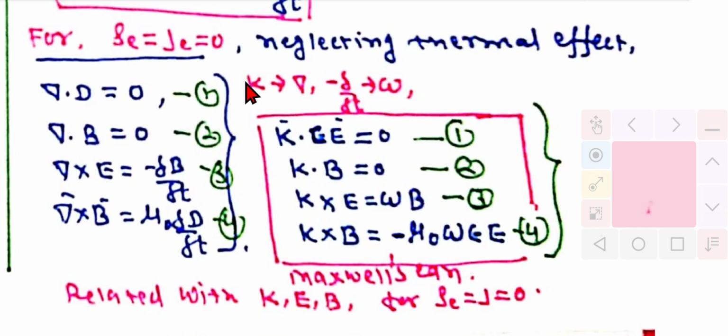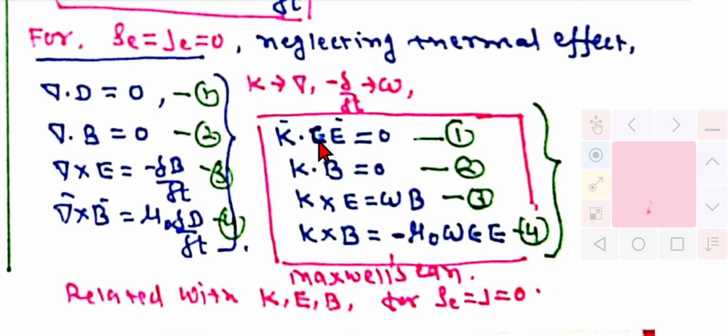So when del tends to K, the operator minus del by del T tends to omega. Write the relations: D equals epsilon E, the permittivity of the material.